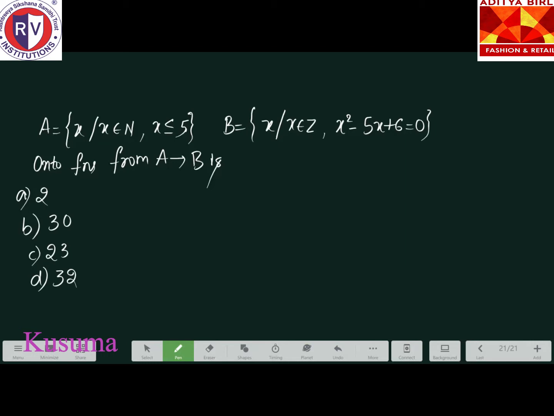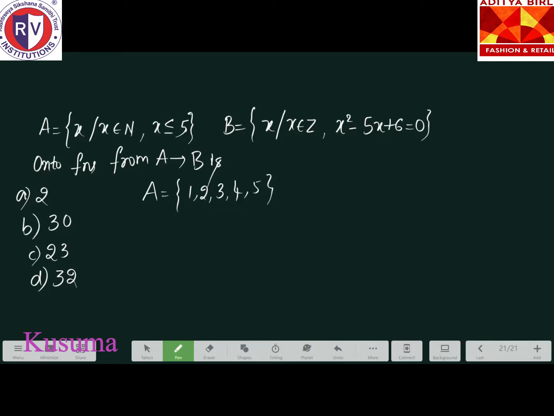Okay, there are two sets given. Set A will be the set of the numbers 1, 2, 3, 4, 5, because it is given that x belongs to the set of natural numbers and x is less than or equal to 5. And what about B?